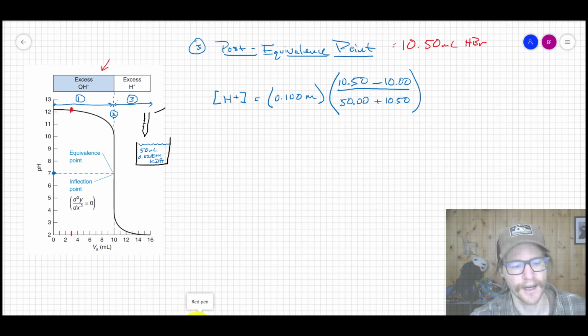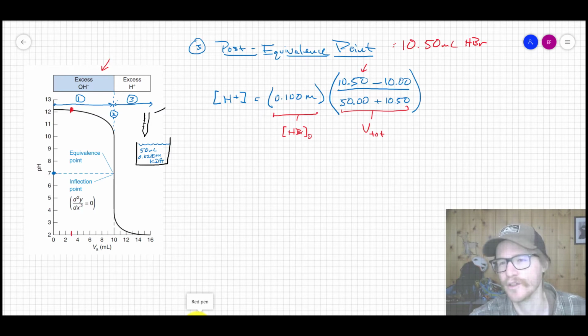So what that's essentially doing is it's taking our original HBr naught, that's our original concentration of HBr, and it's multiplying by whatever the excess is here, which is 0.5 milliliters of HBr, times whatever that concentration is, which will give you the moles of HBr in excess, divided by the total volume of the system. So this is what you would do if you did this dimensionally.